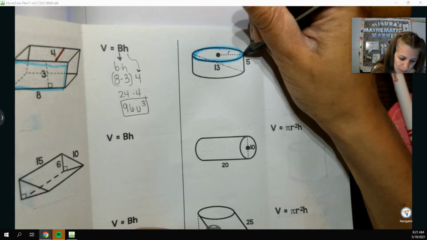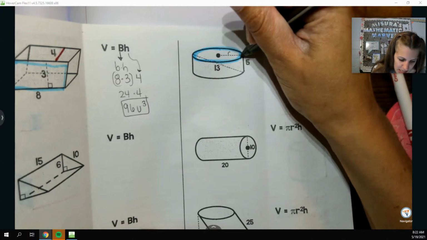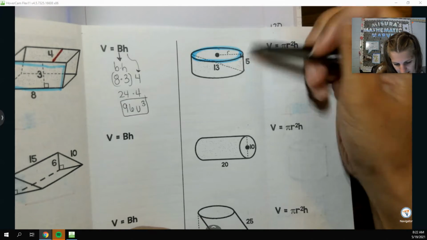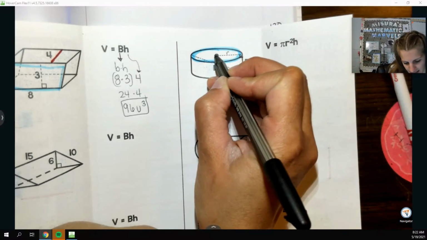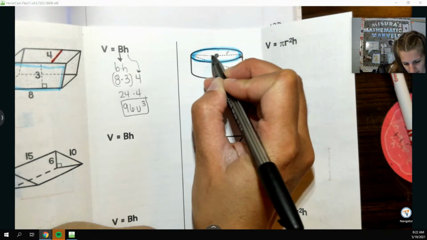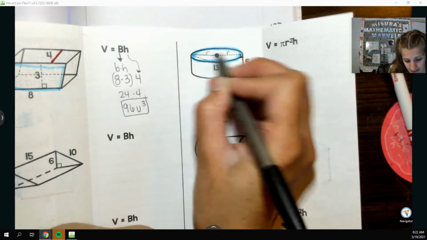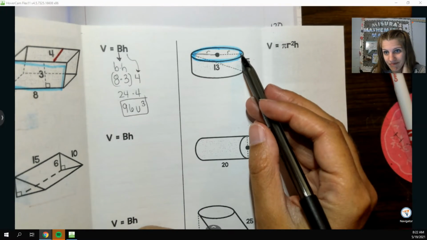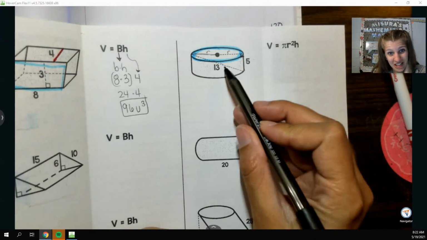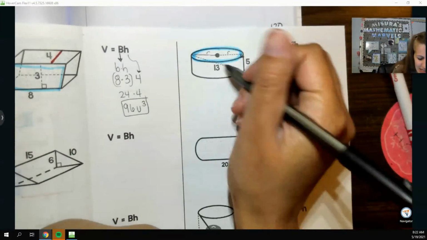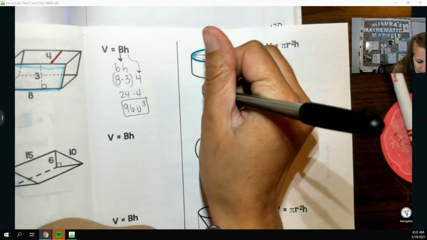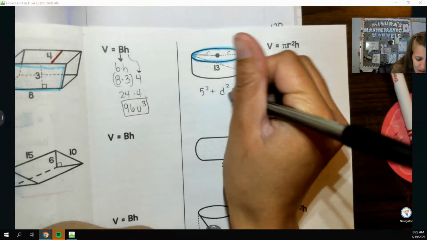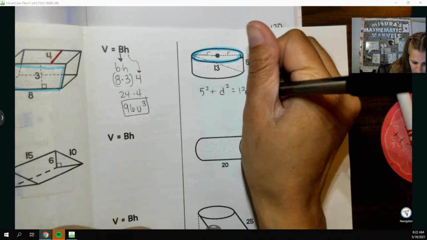That then when I come up here, oh, I'm starting to see a thing. When I lift this up, we have a side connected right here at a 90. And then if I extend this radius over, which I can because then it's just a diameter, I have a right triangle. And on that right triangle, I know two sides, so I can find the third. 13 is the hypotenuse, so we'll have 5 squared plus I don't know squared, which is technically the diameter of the circle, equals 13 squared.